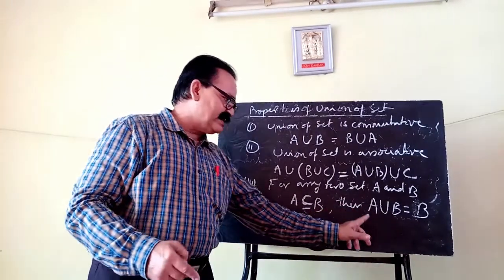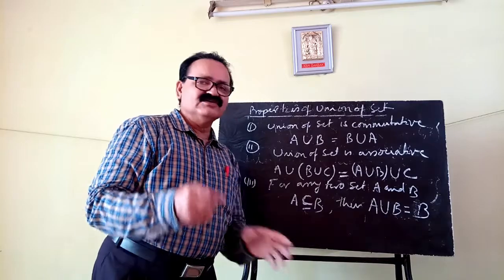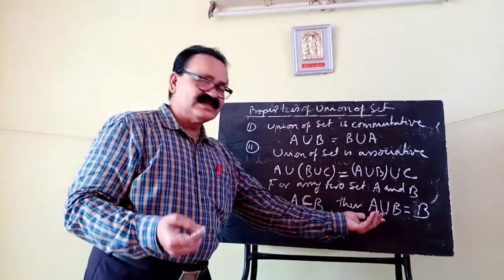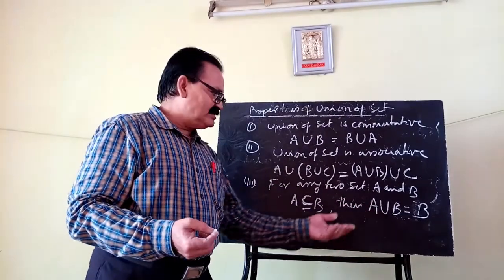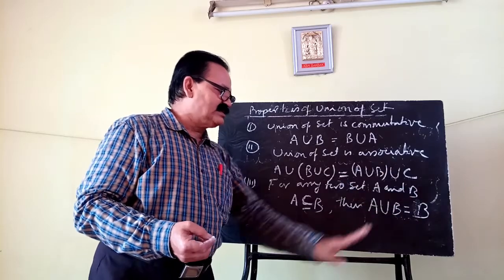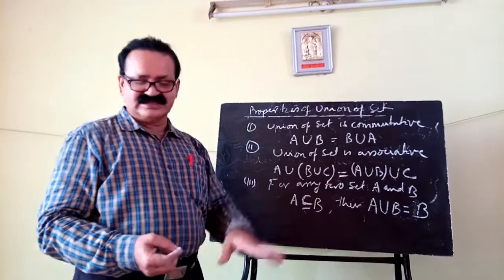So while you are taking A union B, you should not repeat the elements, because A is also contained in B. That means A union B is set B itself.